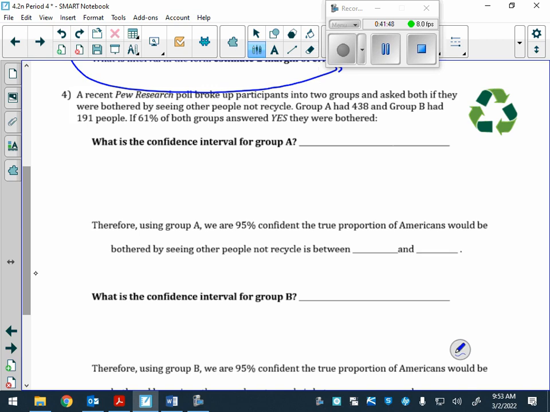Broke up participants in two groups and asked both if they were bothered by seeing other people not recycle. Group A had 430 and Group B had 191. If 61% of both groups answered yes, they were bothered, what is the confidence interval for Group A? So 61% is what for both?